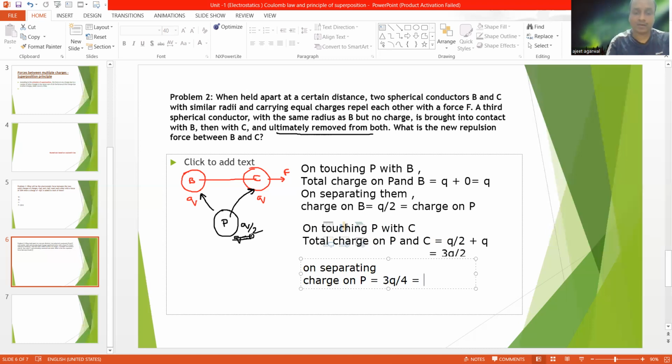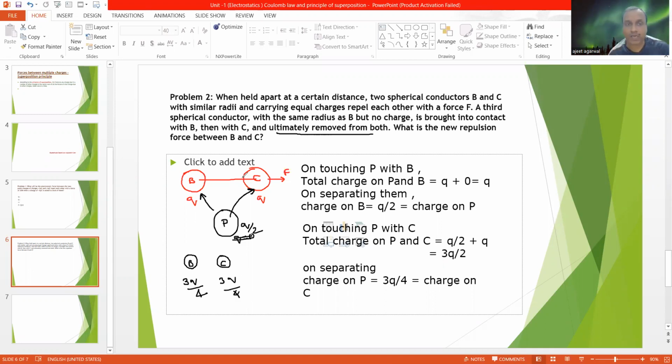And same on C. It means कि now we have charge on B and C both, but new charges.